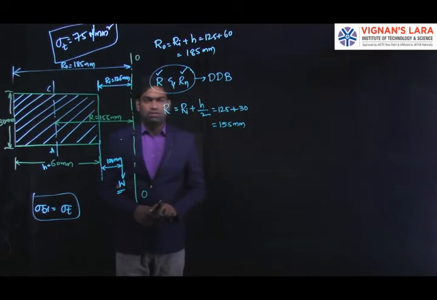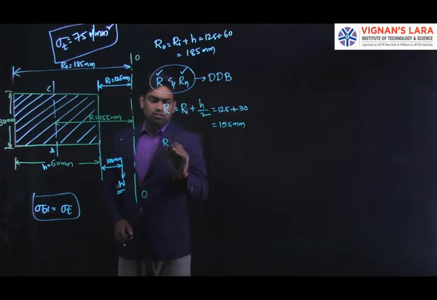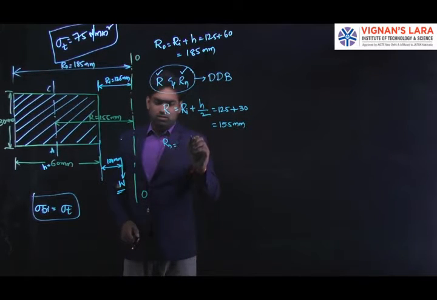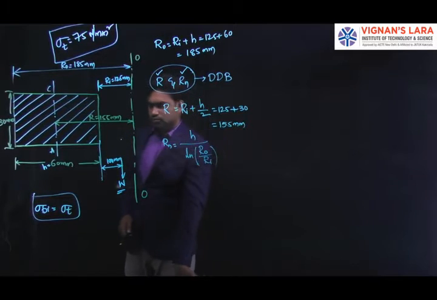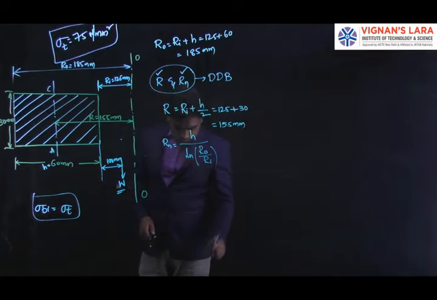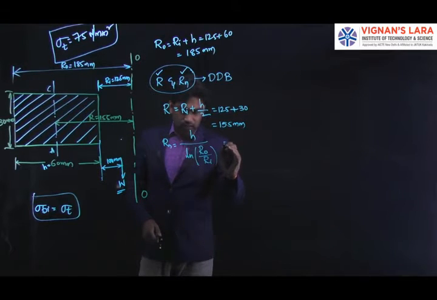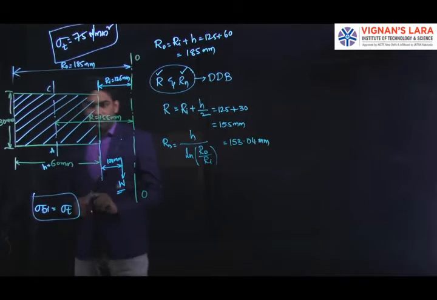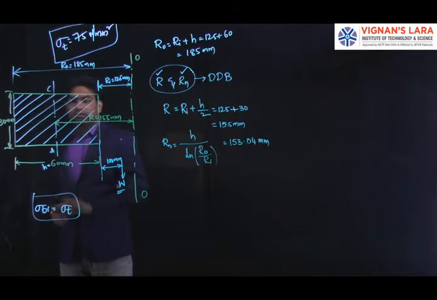Then the radius of curvature to the neutral axis, Rn equal to H by ln of R naught by Ri. By substituting the values of H, R naught and Ri in this equation, I get the value of Rn, 153.04 mm. So immediately we can represent the neutral axis in the diagram.